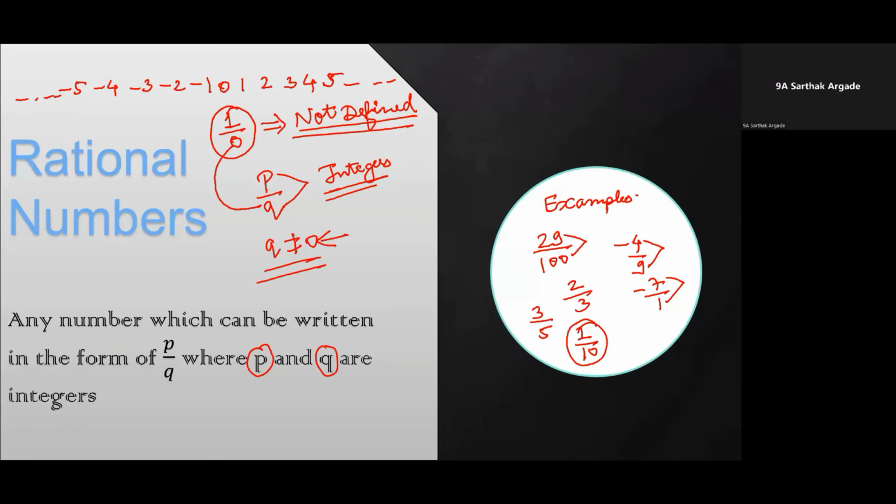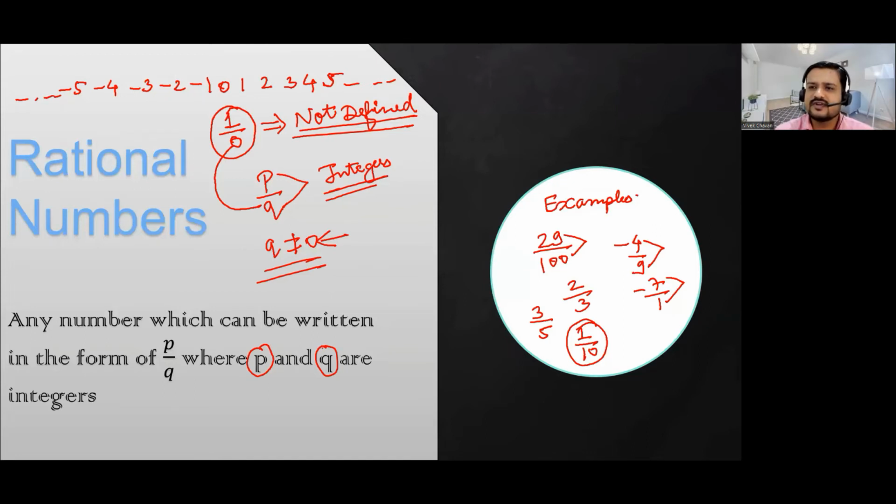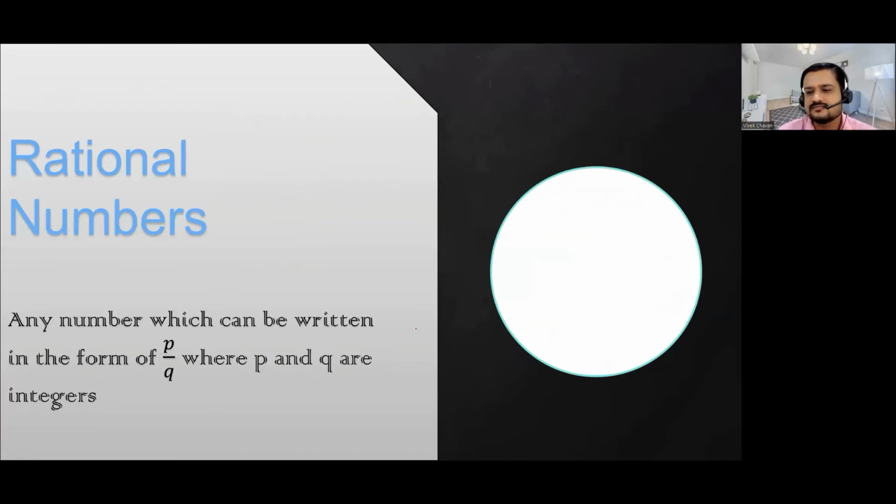Okay. Can anyone tell me what is the difference between a fraction and a rational number? What is the difference between a fraction and a rational number? Does anyone know it?